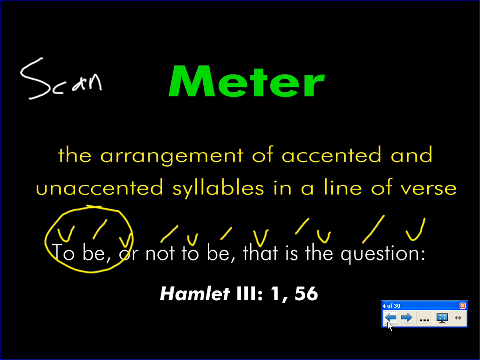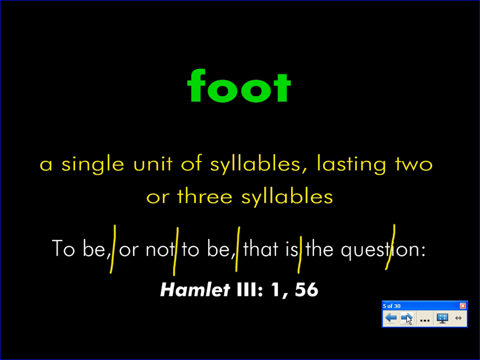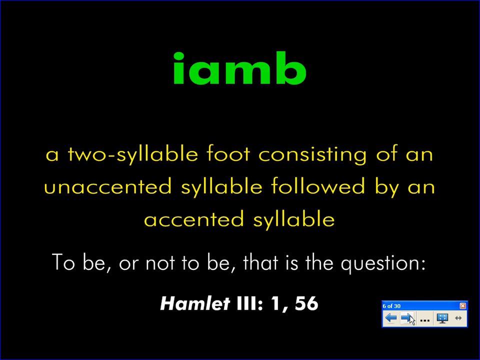So, meter, the overall arrangement. Feet, the units of measure. And then this is what Shakespeare uses. Like I said, there are 5 kinds of feet in poetry. You only need to learn 1. Next year, by the way, you go to American Lit.